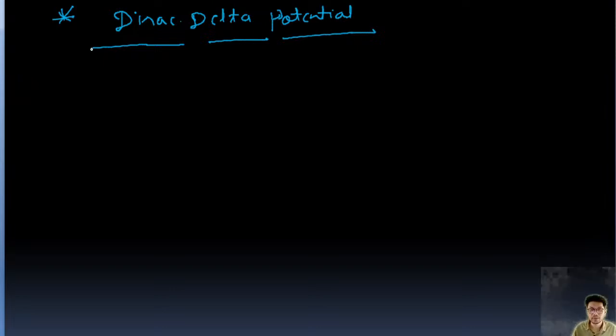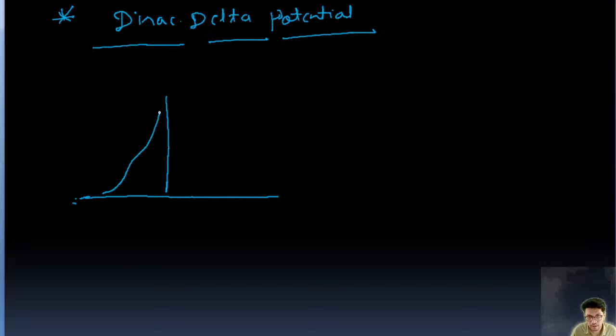So first I will define the Dirac delta. We know the Dirac delta, right? I have also taught the complete Dirac delta function in my mathematical physics lecture. So we know it like this. This is very narrow, guys, very narrow.